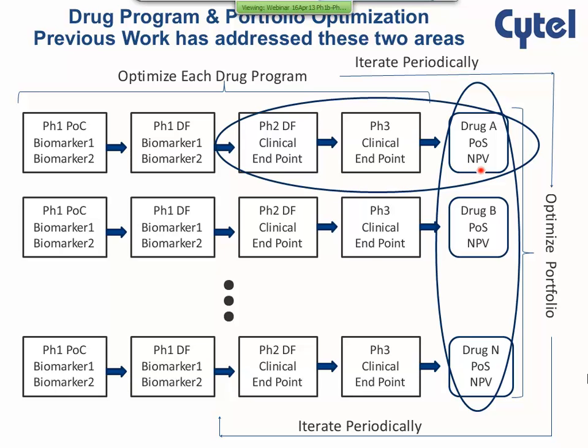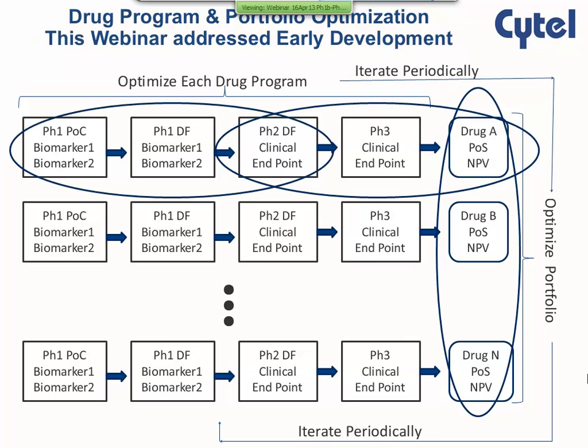space. And then there are references in the reference list with these slides that are being made available that deal with optimizing resource allocation across a portfolio of drugs based on POS and net present value of drugs. But we know of no work that links the phase 1 biomarker space to the phase 2 clinical endpoint space, and that's what this work adds to the development program.